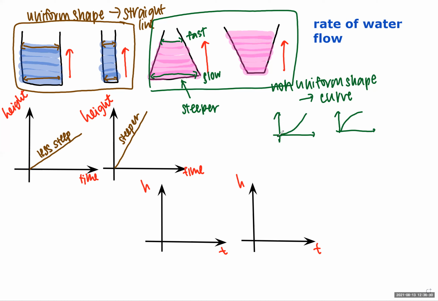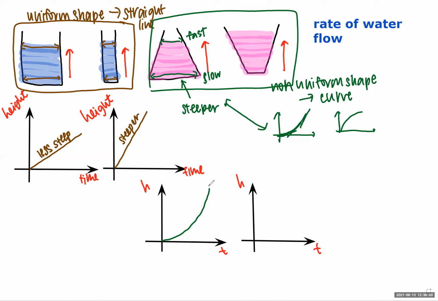Because steeper means it's going to start out slow. So let's see over here. Is it slow? The gradient is less steep and then it's going to get steeper and steeper. So perfect, this is a match. So the curve is going to be like that, where it starts out slow first and then gets steeper.